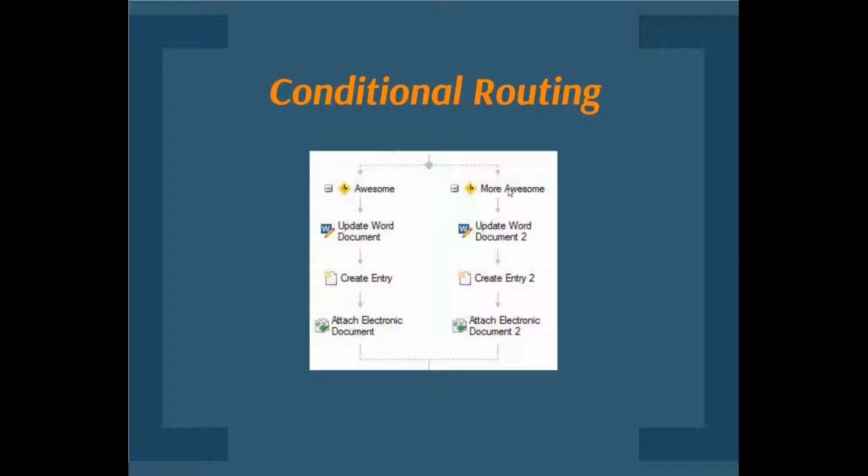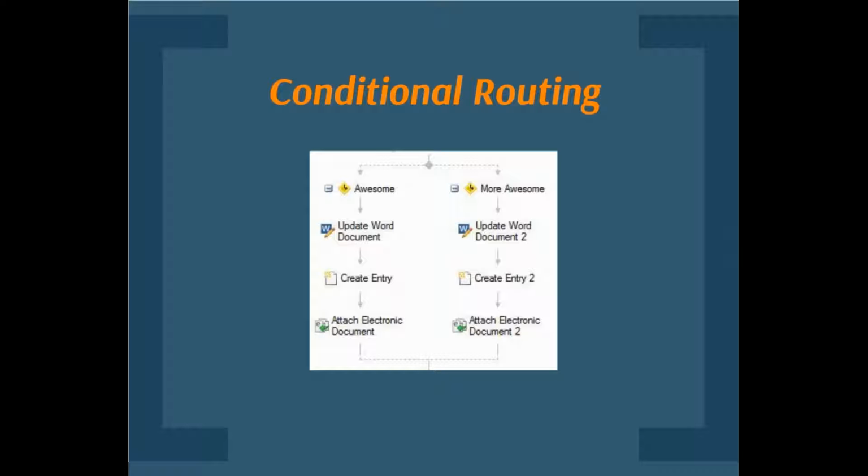One other thing that you can do that's really neat if you start using workflow with Word is you can create conditional routing or conditional creation of those documents, where if you have, in my example here, an awesome document, it creates a certain set of text. But if you have a more awesome document, it goes down the second path and creates a separate set of text.